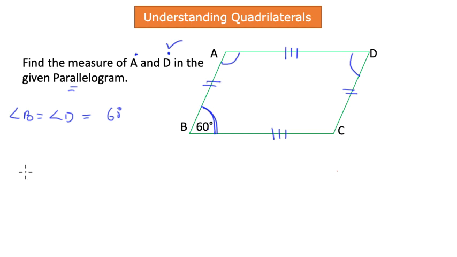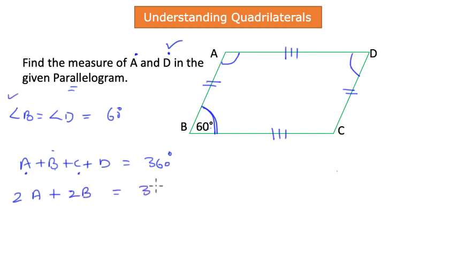You can find it in two different ways, but let's try the simple approach first. By the angle sum property, A plus B plus C plus D should be 360 degrees. We know that A is equal to C, so you can replace C with A, and B is equal to D. That means twice A plus twice B is equal to 360 degrees. Dividing both sides of this equation by 2, you get A plus B is equal to 180 degrees.